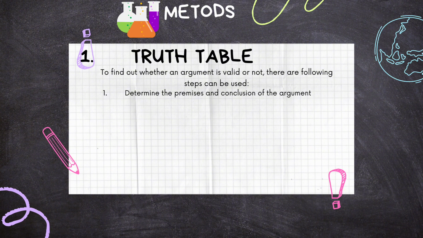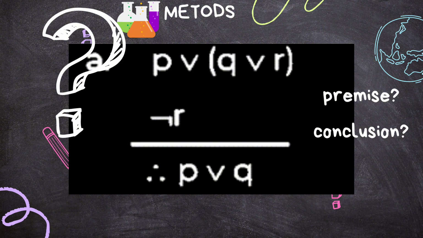To find out whether an argument is valid or not, the following steps can be used. The first is to determine the premises and conclusion of the argument. In a problem, we usually don't know which part is the premises and which part is the conclusion.